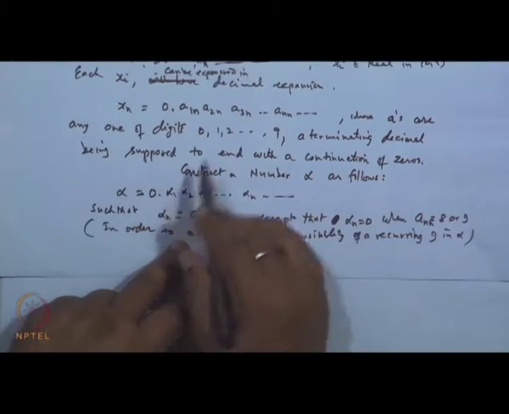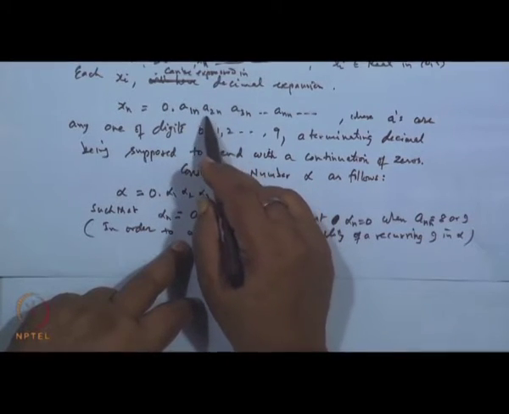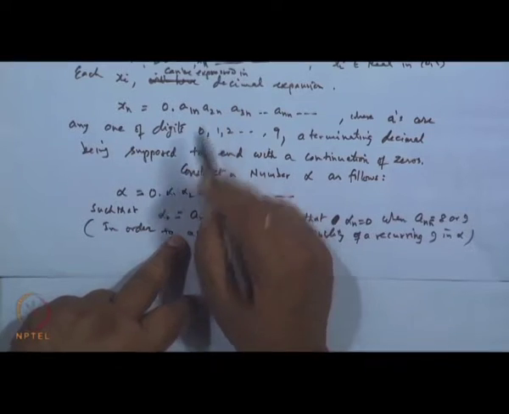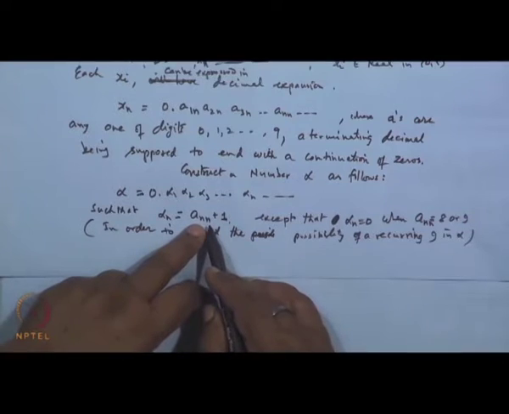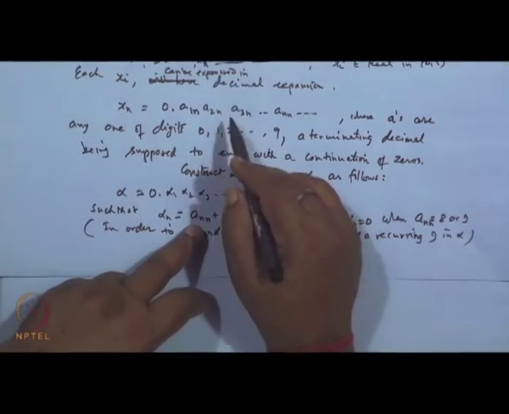Similarly, for x 2, the second decimal place in x 2 is a 2 2, but the second decimal place of alpha is alpha 2, which is a 2 2 plus 1. So, again 1 is added here.